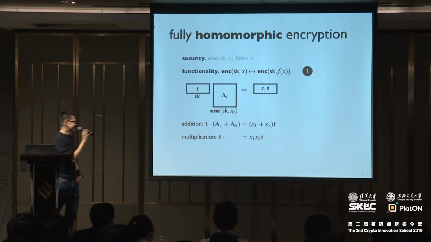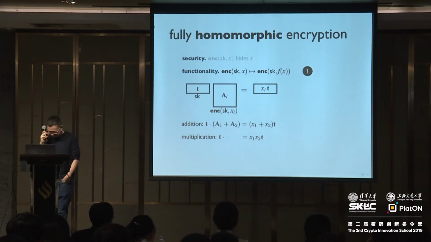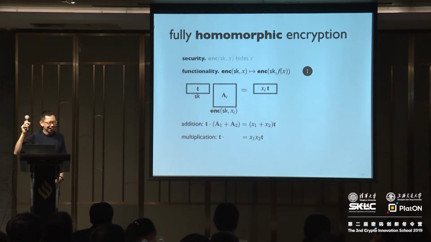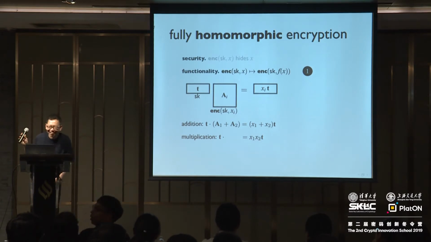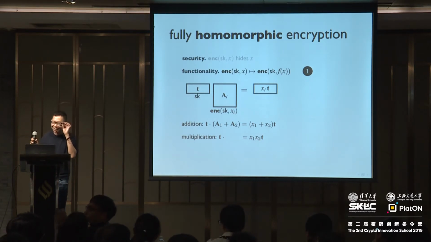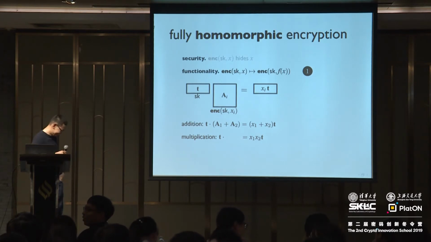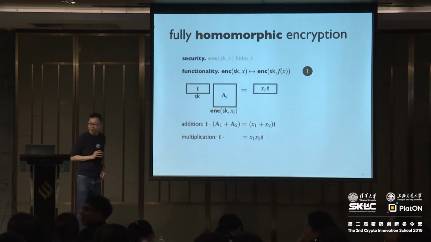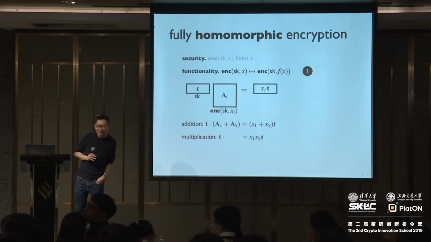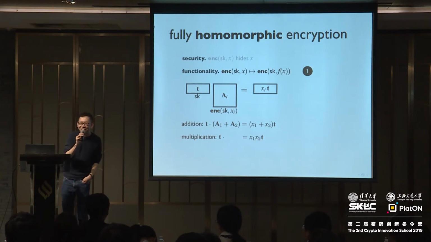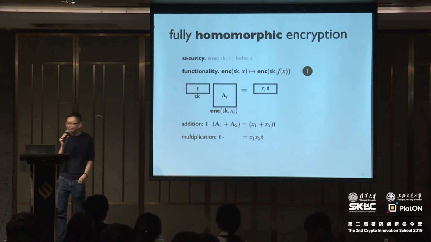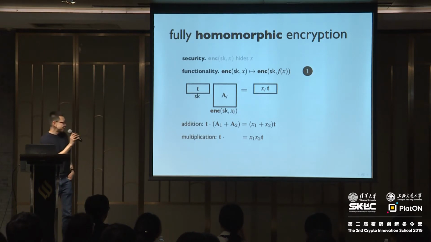You can answer in Chinese also. The question is, you're given A1, which is the encryption of X1, and A2, which is the encryption of X2.